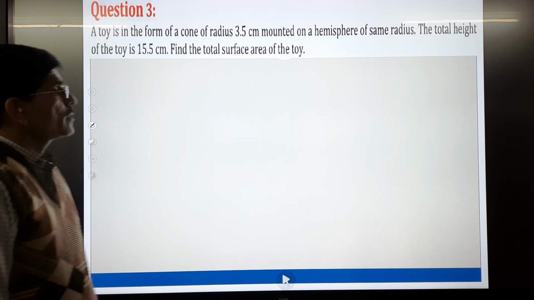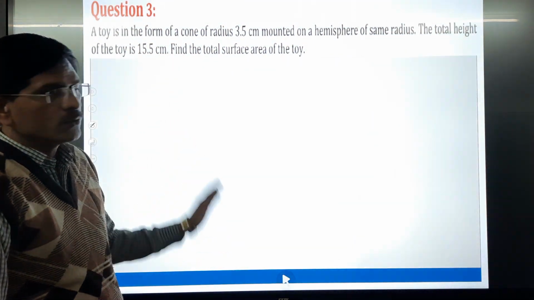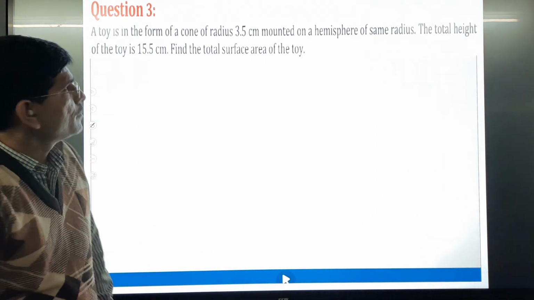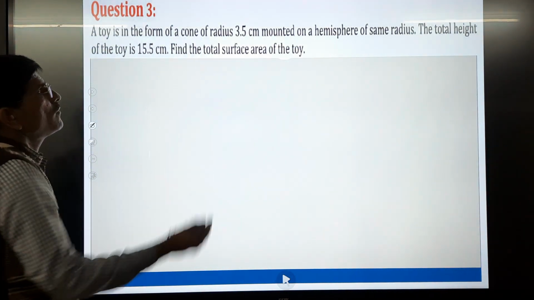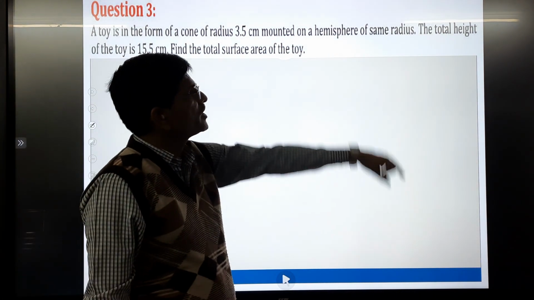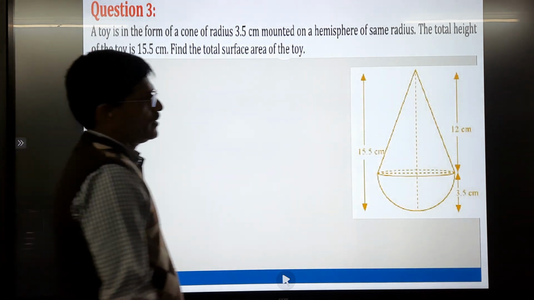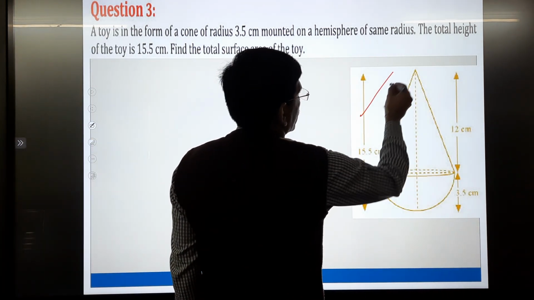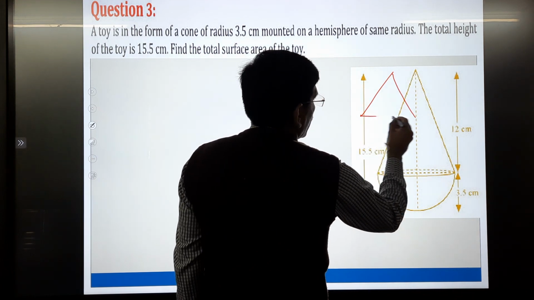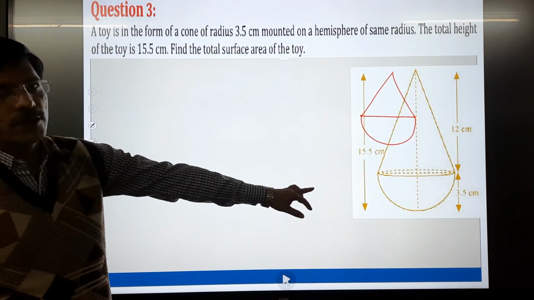Now question number 3. There are 9 sums in exercise 13.1, and we have to do mostly all the sums. A toy is in the form of a cone of radius 3.5 centimeter mounted on a hemisphere of the same radius. So which type of figure? That type of figure here, it is also a correct figure.